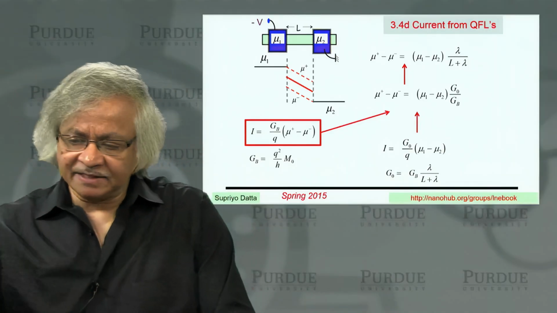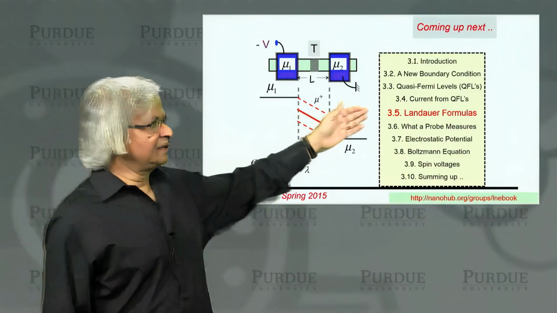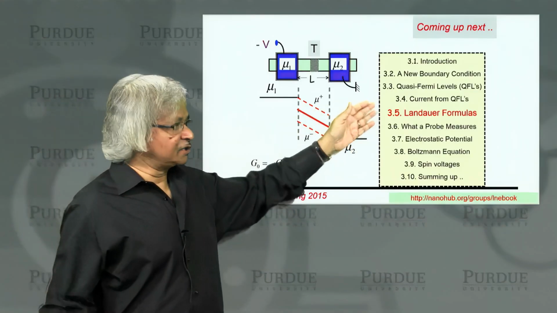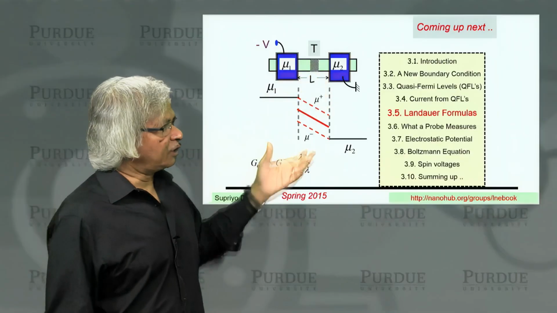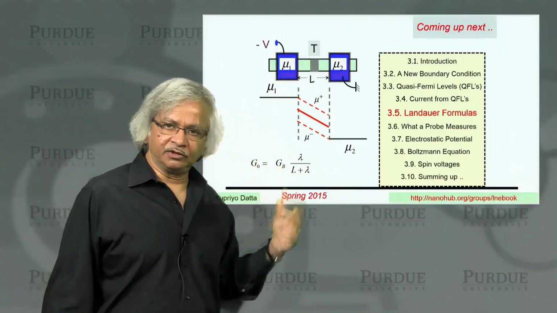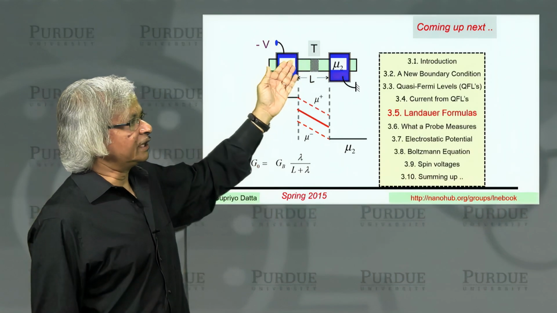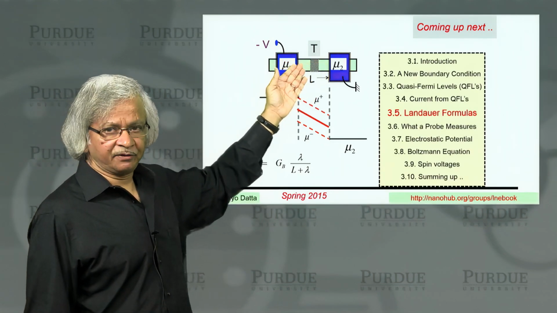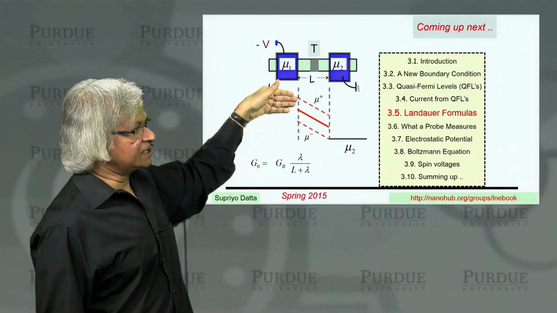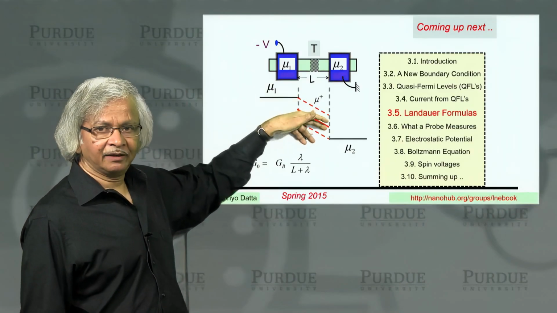And what we'll do next in the next lecture is talk about these Landauer formulas, which were historically very important in developing this whole point of view. And I want to show you how it connects up to what we have discussed. So far, we have been discussing a channel with continuous scattering processes everywhere. That is, you have cars that are continually turning around as they go along the highway.